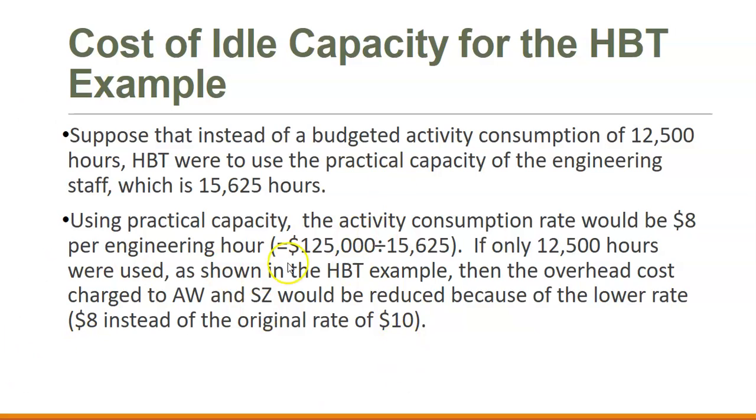When we're looking at capacity, one of the reasons that we want to look at capacity is what capacity do we have to increase our attention to some products. So if you'll remember in the previous portion of this example, they were trying to decide if they should spend more marketing attention on their AW product line or their SZ product line.